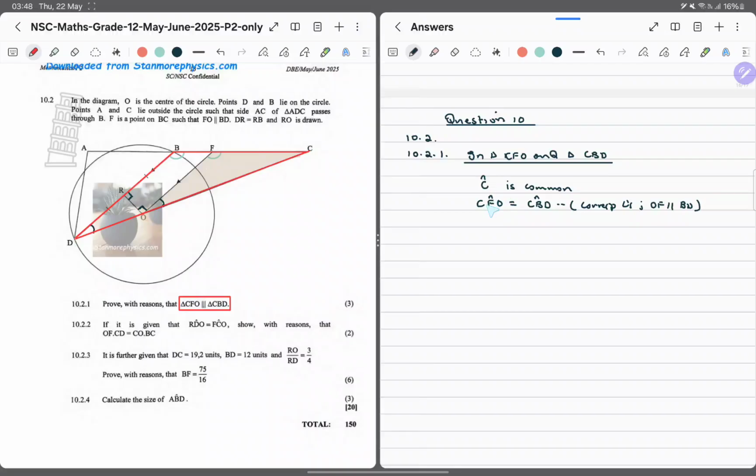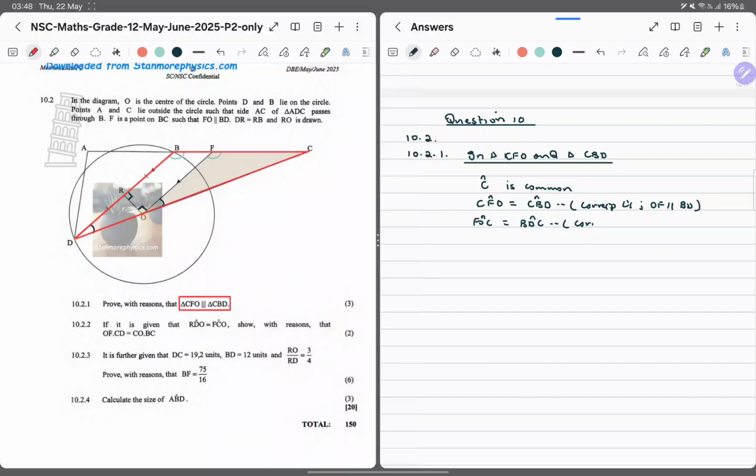Once you prove two pairs, guys, usually the third pair is not necessary. You understand? Because it just falls into place. But we can say it because it doesn't hurt. We know that FOC is equal to BDC.